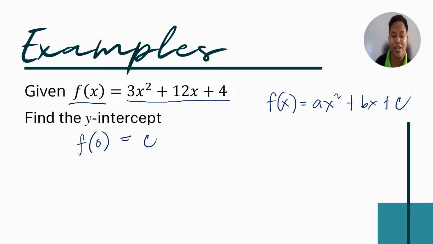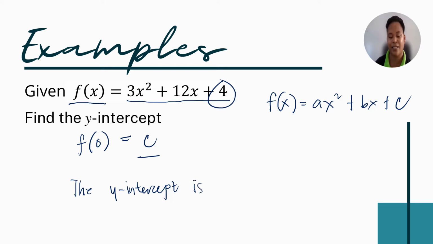And the value of c represents the y-intercept of the given function. And therefore, in this given function, the value of the y-intercept is equal to 4. This means that the y-intercept is (0, 4).